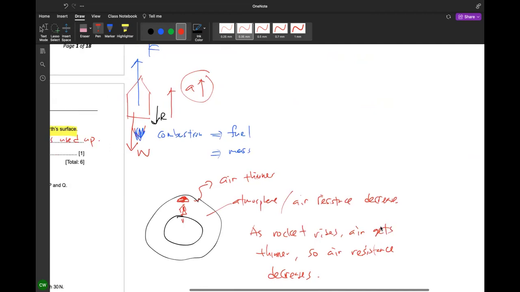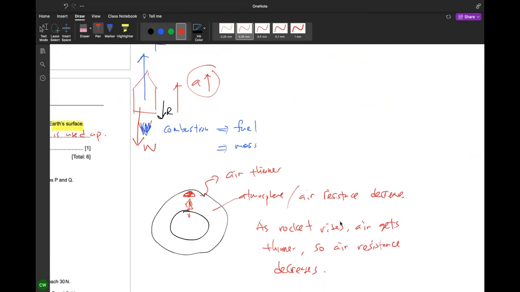Any problem? Air gets thinner, so air resistance decreases as the rocket rises. Thinner is spelled T-H-I-N-N-E-R.